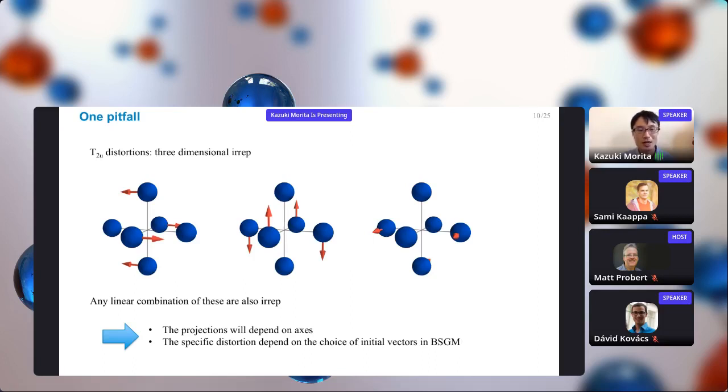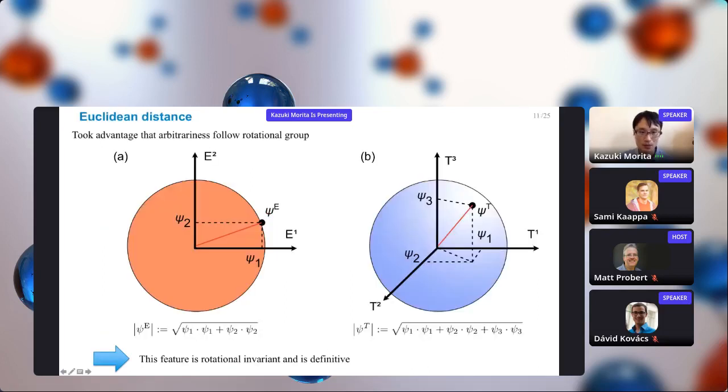Depending on how we choose the initial vector, any linear combination of these might arise in the final basis set. We want to remove this arbitrariness, because the octahedra may be in different configurations within the crystal, even at symmetry equivalent sites, and we want the encoding for those symmetry equivalent octahedra to be identical. So we decided to average this degree of freedom.